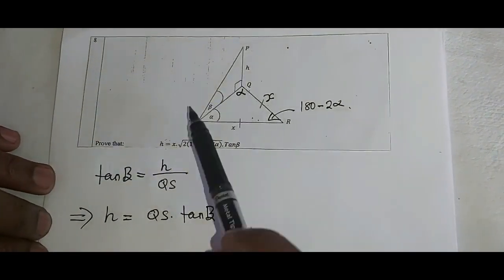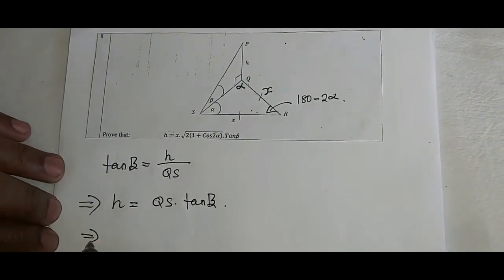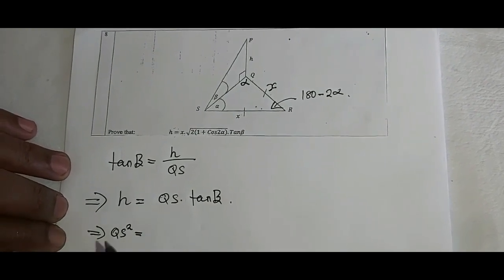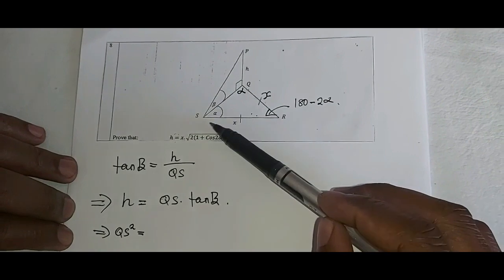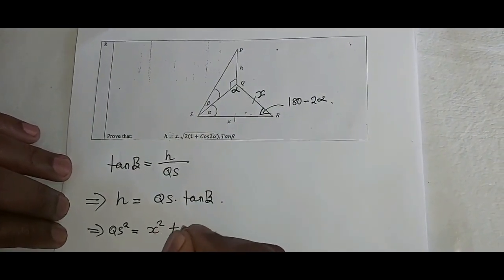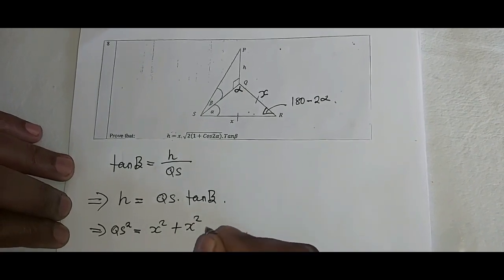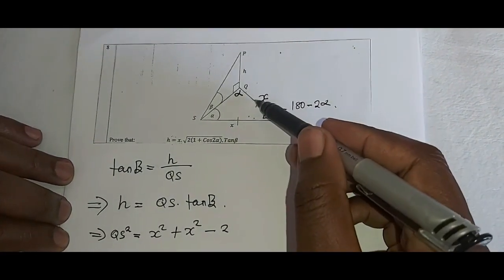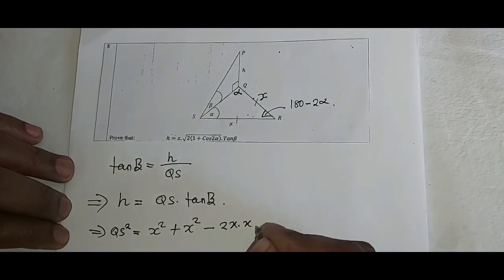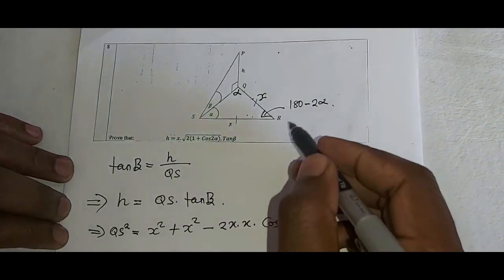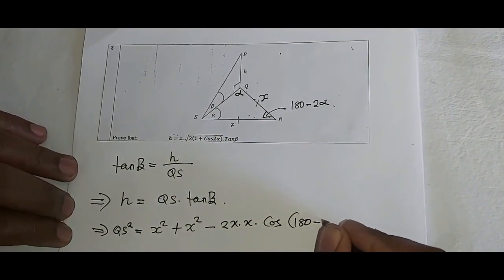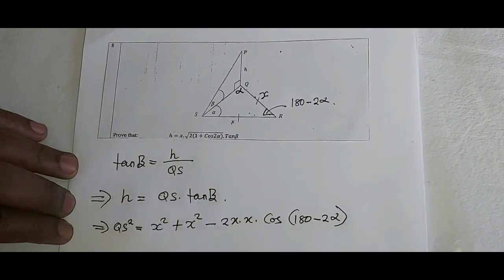So that means QS squared is equal to this side, that is my X, it will be X squared plus X squared minus 2 of this side times this side, that is X multiplied by X multiplied by cos of the angle that we have there, which is 180 minus 2 alpha.